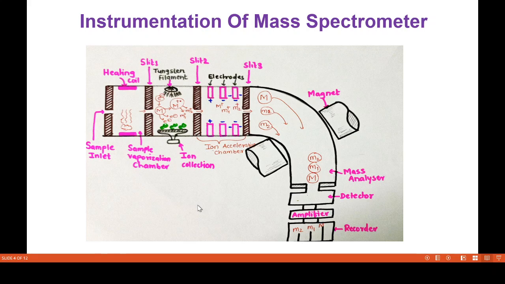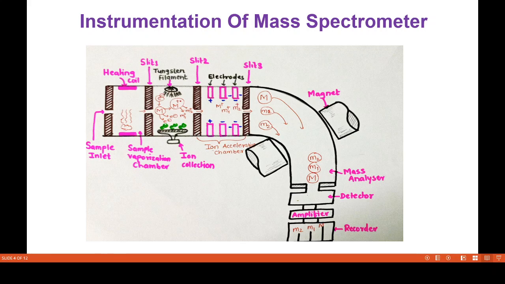Okay, this is the instrumentation of mass spectrometer. Then we see the working of this mass spectrometer. We know that for the mass spectrometer, the sample is required in gaseous phase. But we know that samples exist in three forms: solid, liquid and gaseous. If our sample is in gaseous form, then there is no problem. But if our sample is in solid or liquid form, then it has to be converted into gaseous form.